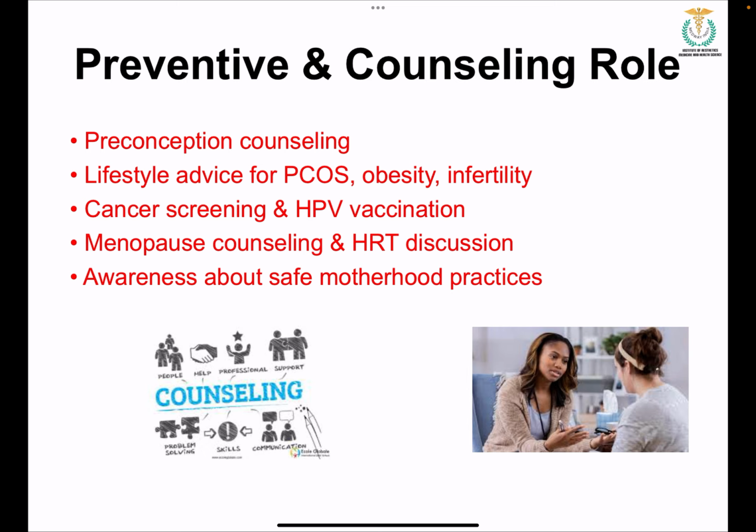Sometimes the patient may need good counseling instead of a long list of medicines. That is the importance of the OBGYN's preventive and counseling role in a woman's health.